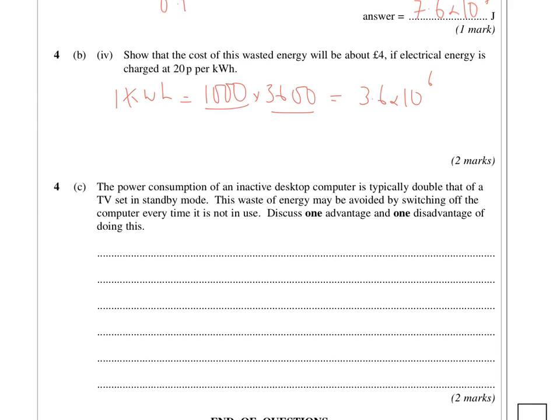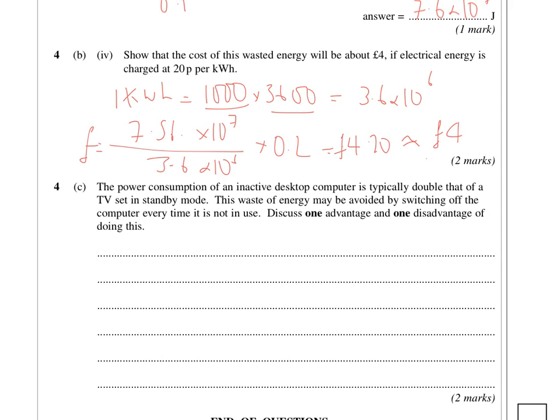So the amount of energy in kilowatt hours is 7.56 times 10 to the 7 divided by 3.6 times 10 to the 6, times 0.2, because we want it in pounds, which is £12.20, which is approximately £4.